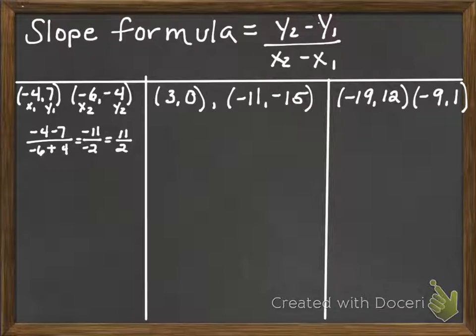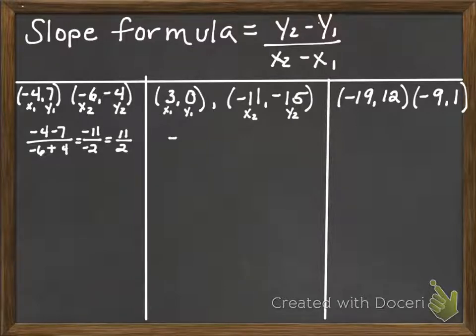So let's try the second one together too. I have 3 and 0 and negative 11 and negative 15. First thing I always want to do is go ahead and label each one. So I have my x1, my y1, my x2, and my y2. All right, so now I can plug that in.